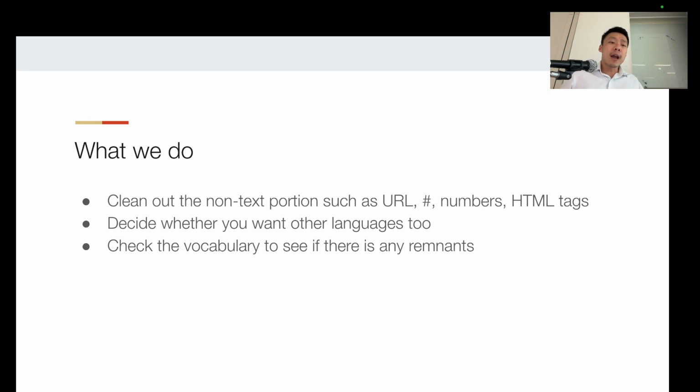So we have to do a bunch of things: clean out the non-text portion, the link, the URL, HTML tags, the numbers, the hashtag, if you don't want the hashtag. And you have to decide as well if you want to include other languages too. So if you want just English tweets, then you have to screen out all other languages, okay?